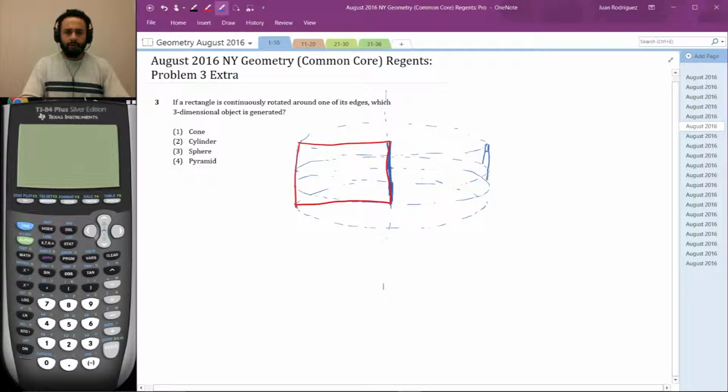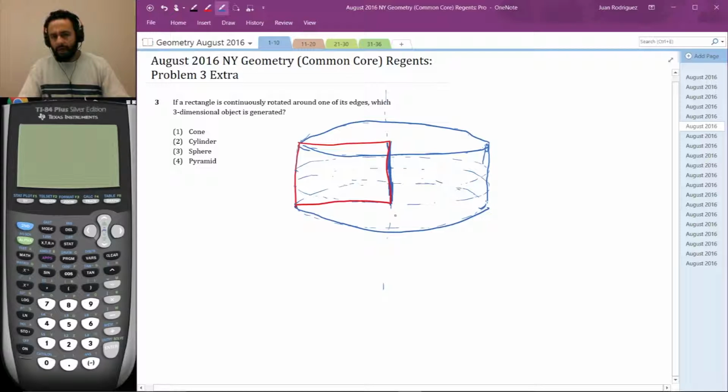So the shape that's made seems to have a solid edge over here. This point goes around, starting here, going around this way, and then the bottom point here goes around this way, and then goes around the back. So you should be able to see what shape this is.